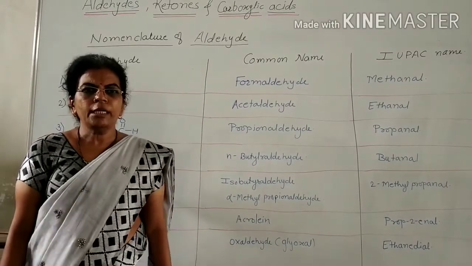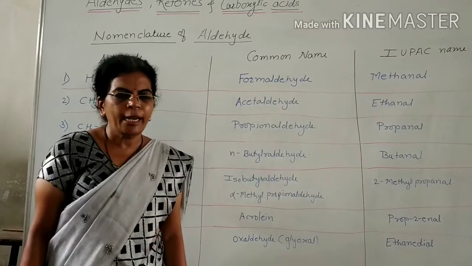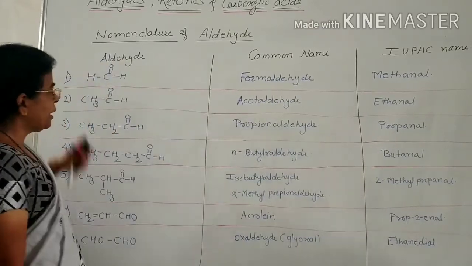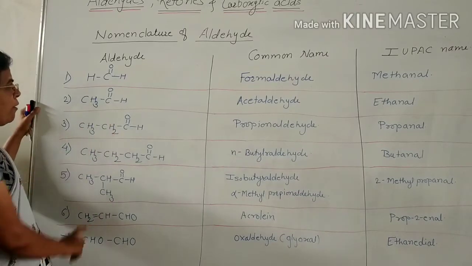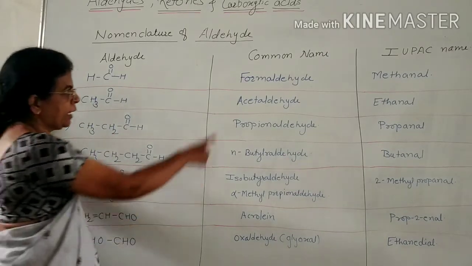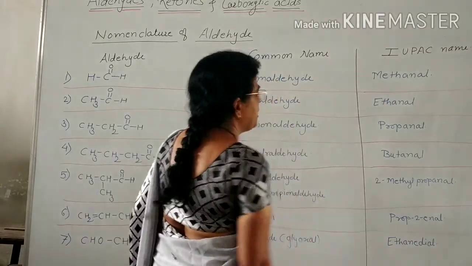Now we are going to see examples of names of aldehydes, that is, nomenclature of aldehydes. In the first column we have taken aldehydes, in the second column the common name, and in the third column the IUPAC name.